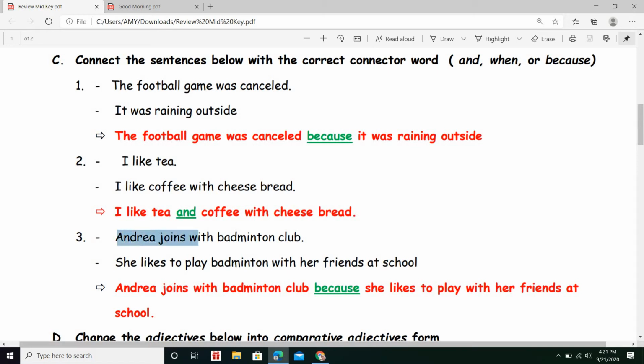So to connect these 2 sentences, we use because. So it will be Andrea joined the badminton club because she likes to play with her friends at school.